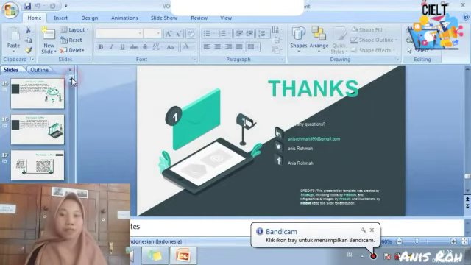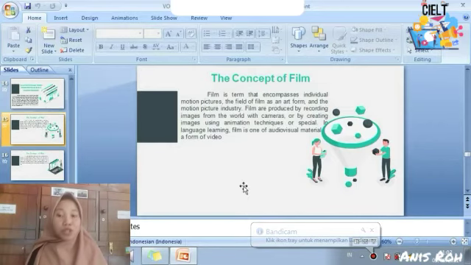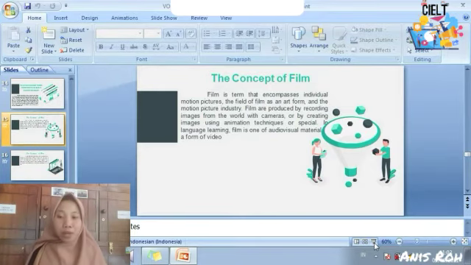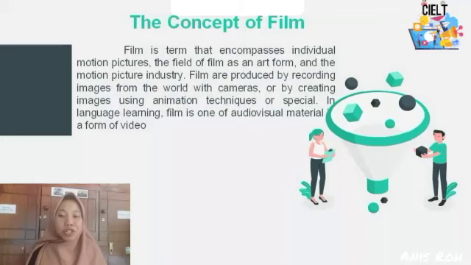Okay, next. The concept of film. Film is a term that combines individual motion pictures. The field of film is an art form and the motion picture industry. Films are produced by recording images from the world with cameras or by creating images using animation techniques. In language learning, film is one of the audiovisual materials from a video.